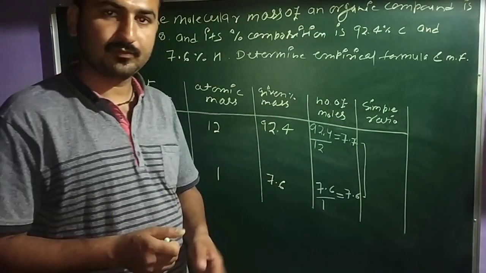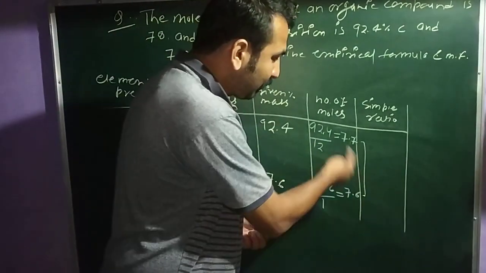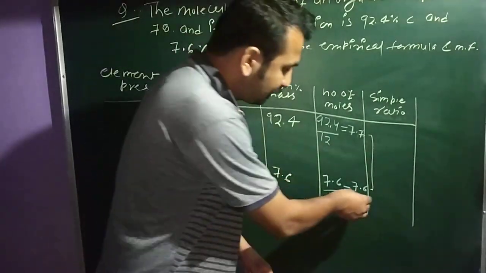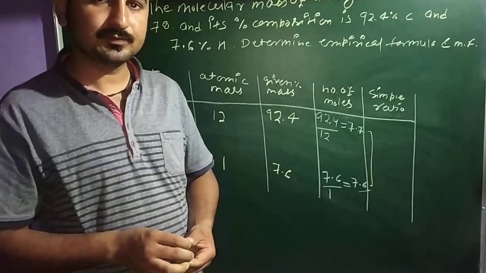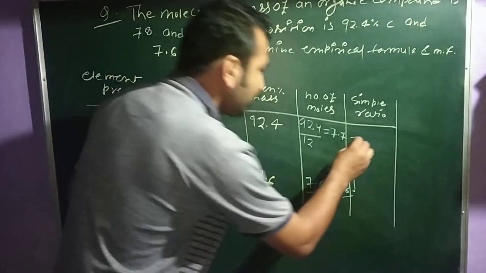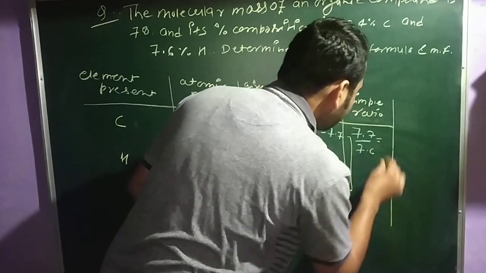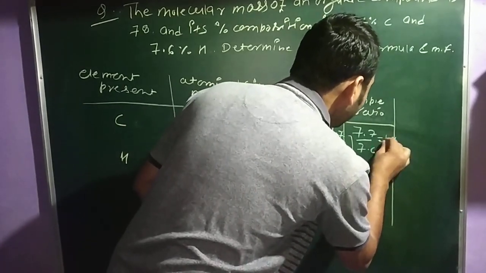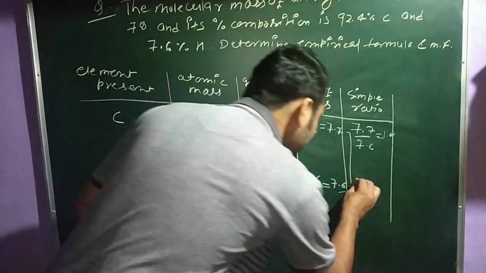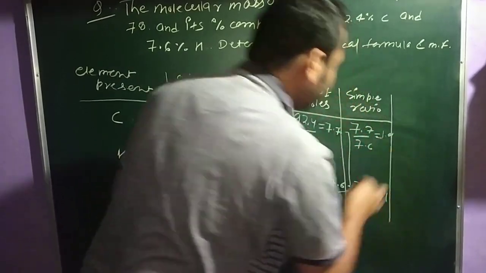So in these two, the smallest number is 7.6. So you have to divide by 7.6, this one and this one. So 7.7 upon 7.6 becomes 1.01 or something, here you can say directly 1, and second you have 7.6 upon 7.6 is equal to 1.